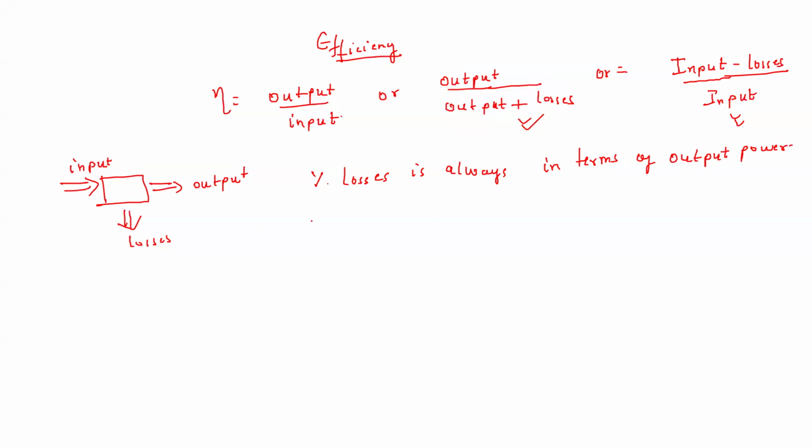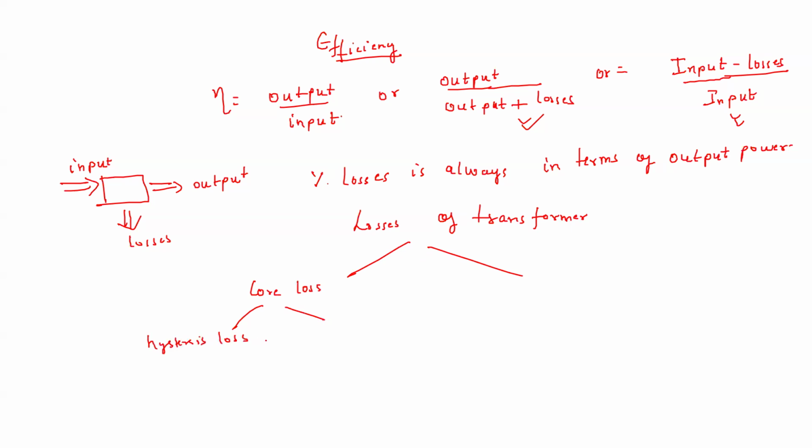Now, what are the kinds of losses of a transformer? We have seen core loss, which consists of hysteresis loss and eddy current loss. And here we have copper loss.